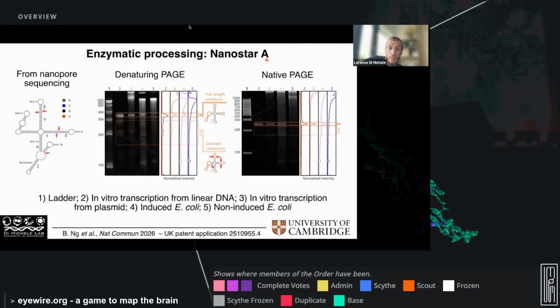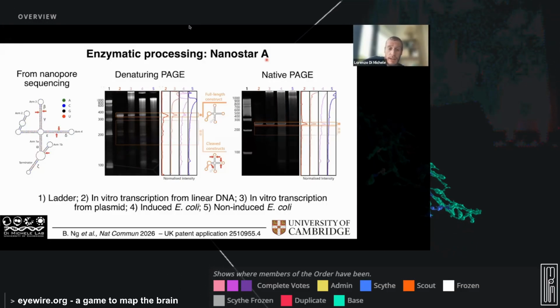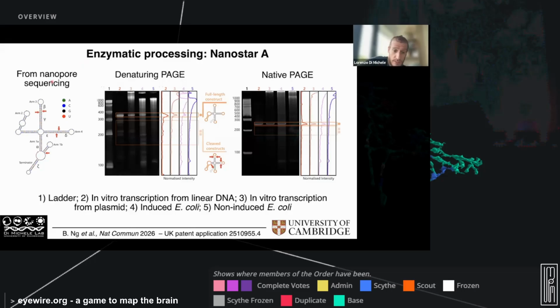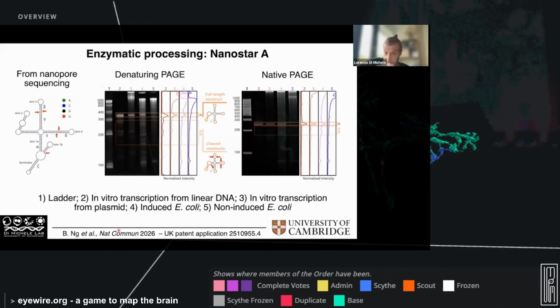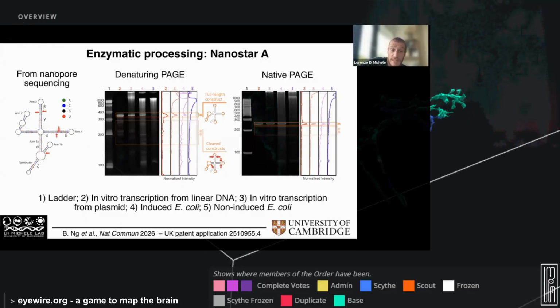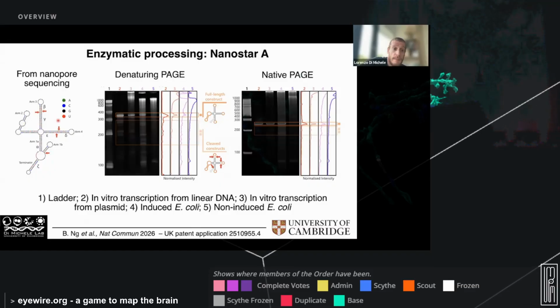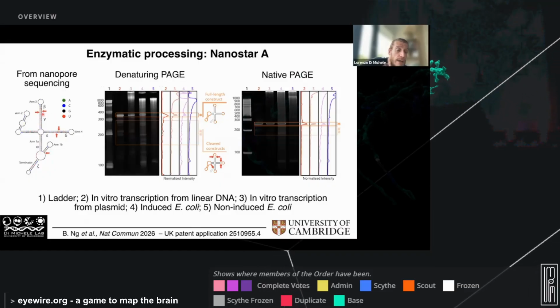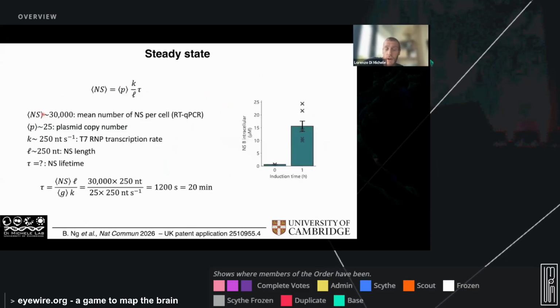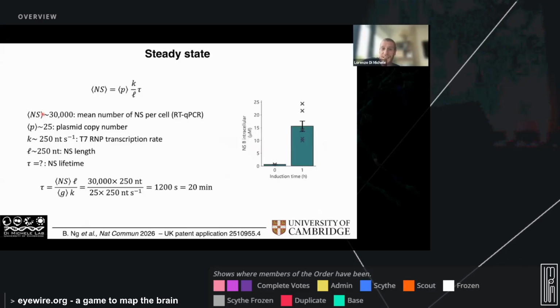We have done characterization on whether the RNA is enzymatically degraded and processed. I'm not going to go into the details. You can have a look at the paper, but it turns out that the RNA is being cleaved at specific locations, predominantly by cellular nucleases. But the important point is that this is not necessarily a killer for your condensates.